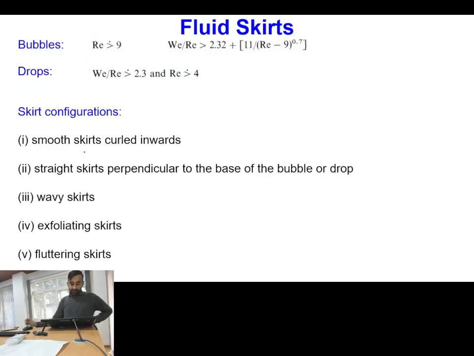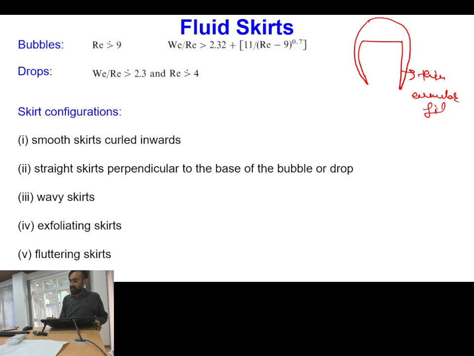Now comes another important category of spherical cap bubbles, which are called skirted spherical cap bubbles. In the case of skirted spherical cap bubbles or droplets, you will find that behind the spherical cap there is formation of a thin annular film.